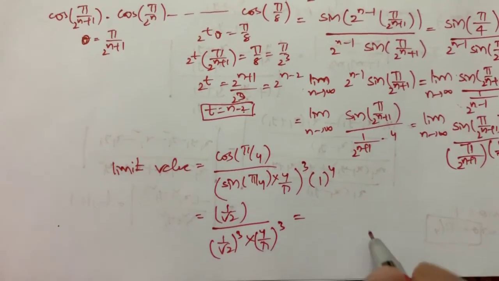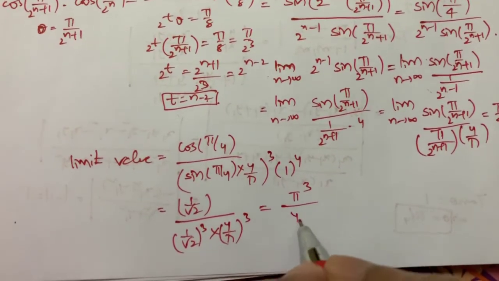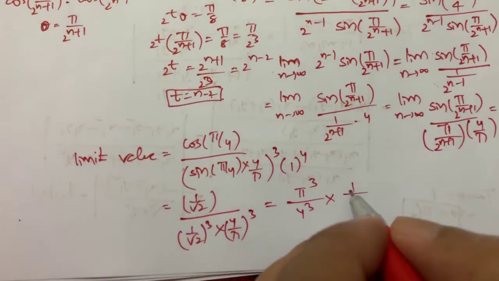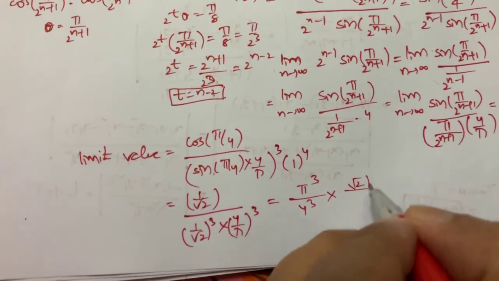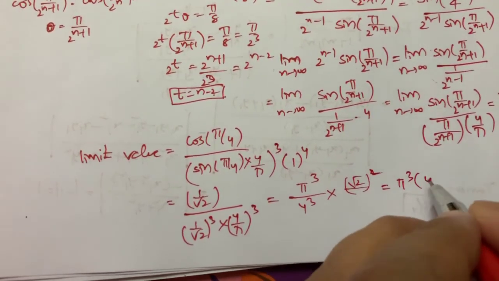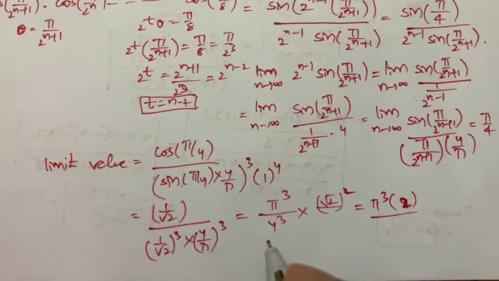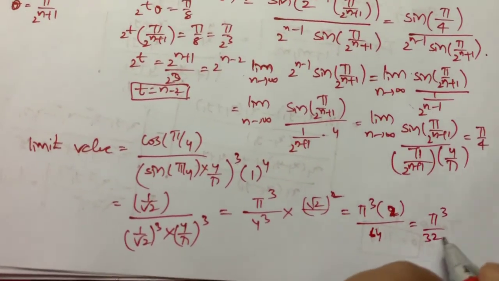So what will be left is pi cube by 4 cube into 1 by root 2, 1 by root 2 will get cancelled, so root 2 whole square will be there. So it is pi cube into 2 by 4 cube, which is 64. So it is pi cube by 32.